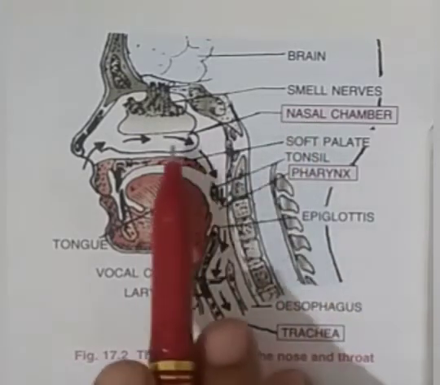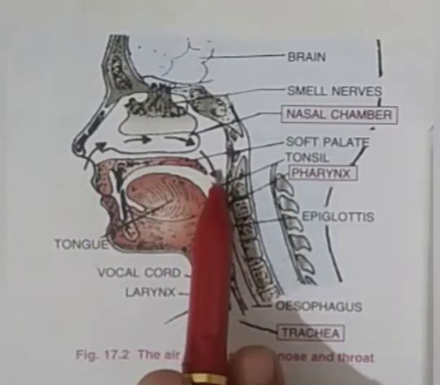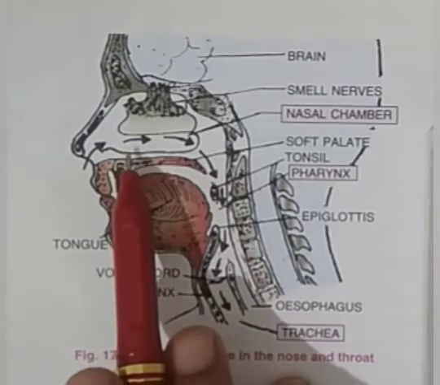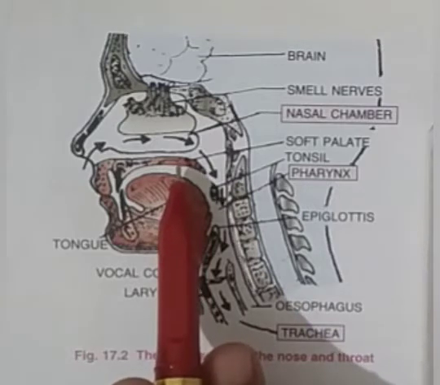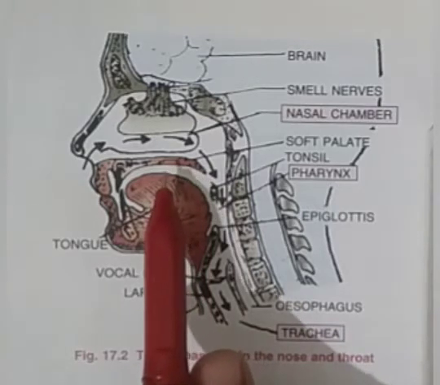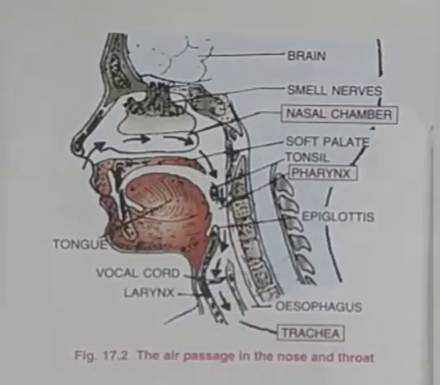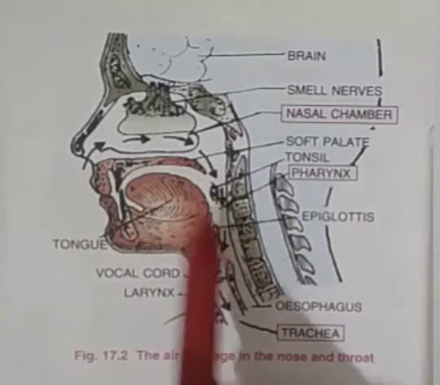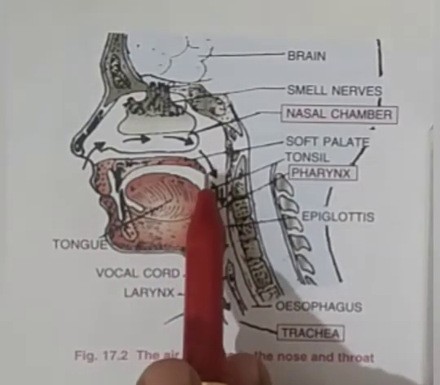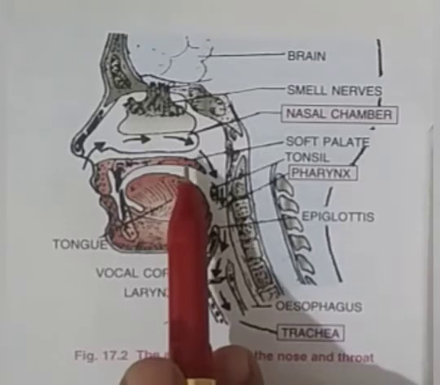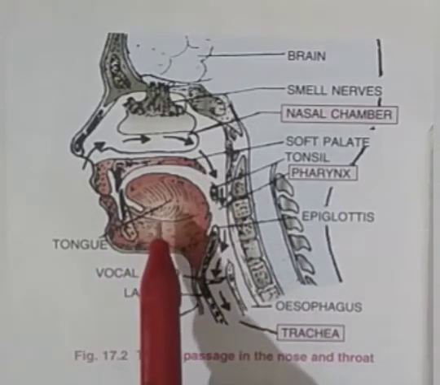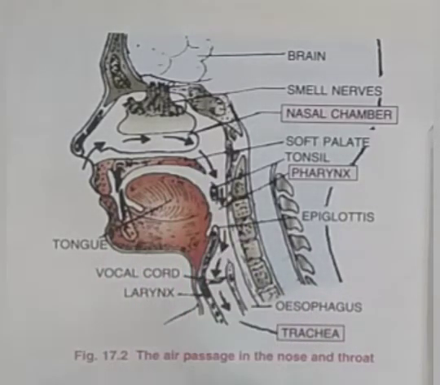First, it warms the air which enters. Secondly, it moistens the air, and third, there is a mucus secretion. The role of that mucus is to trap harmful particles entering the nasal passage, so that only clean and filtered air enters into the lungs.